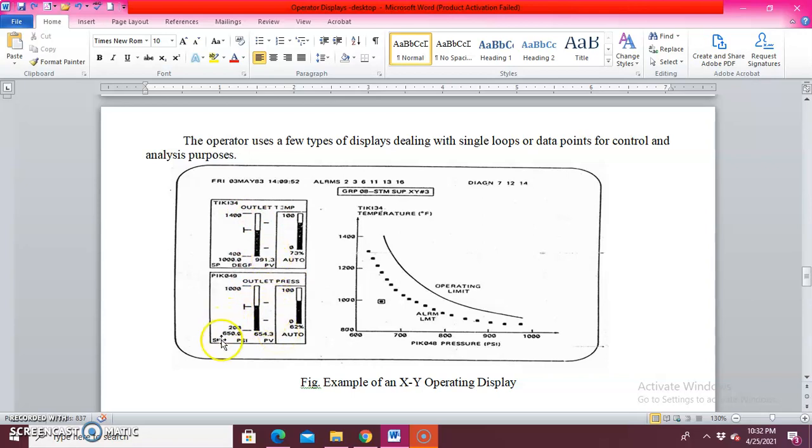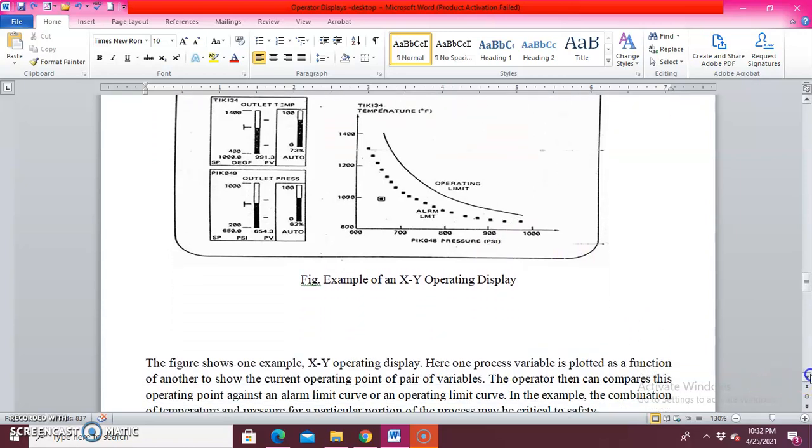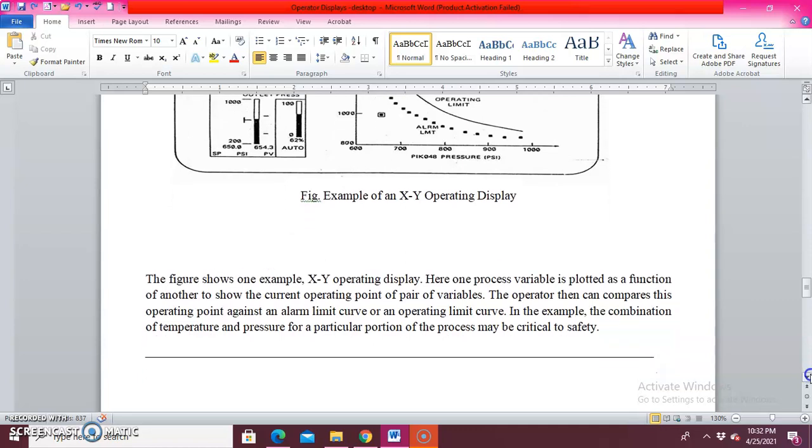Here you have SP meaning set point, then process variable and the indicator. Those values will be read out from this particular display. Your pressure value will be indicated in PSI units, pounds per square inch. So we have so many displays here.